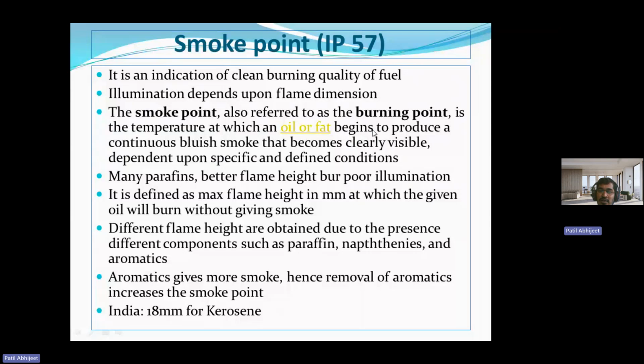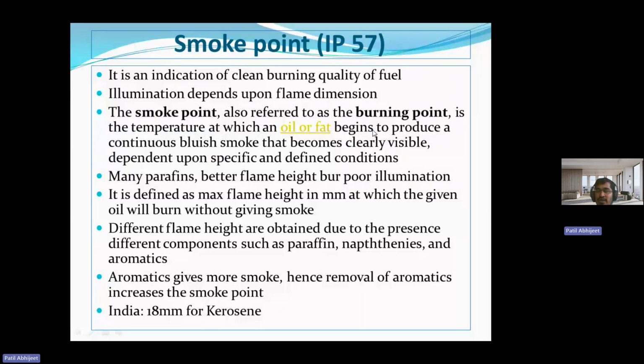Different flame heights are obtained due to the presence of different components, such as paraffins, various naphthenes and various kinds of aromatics.